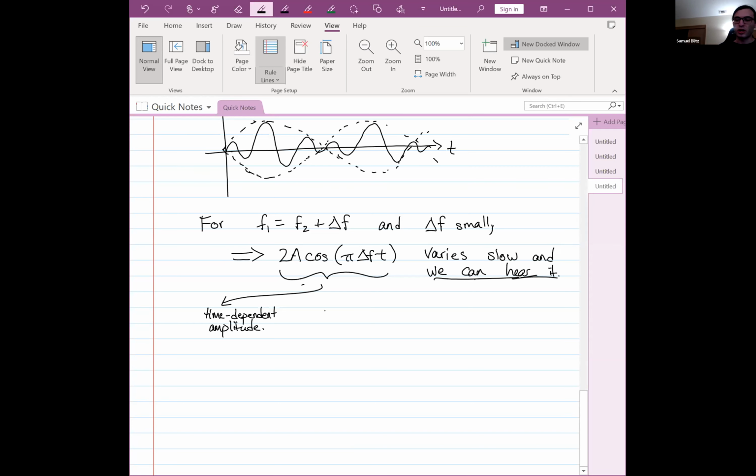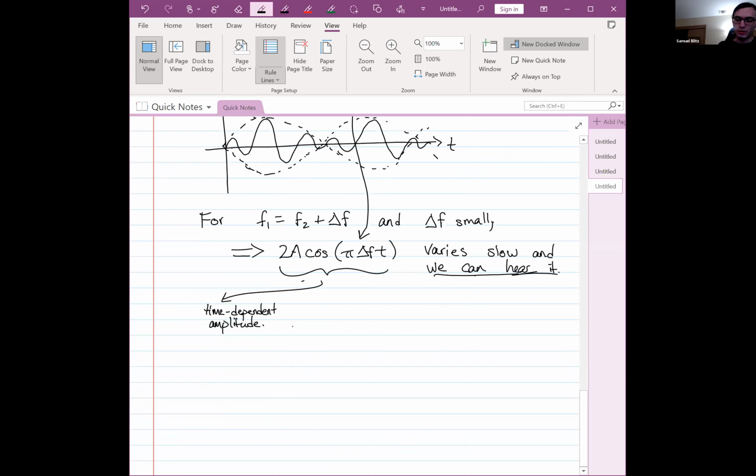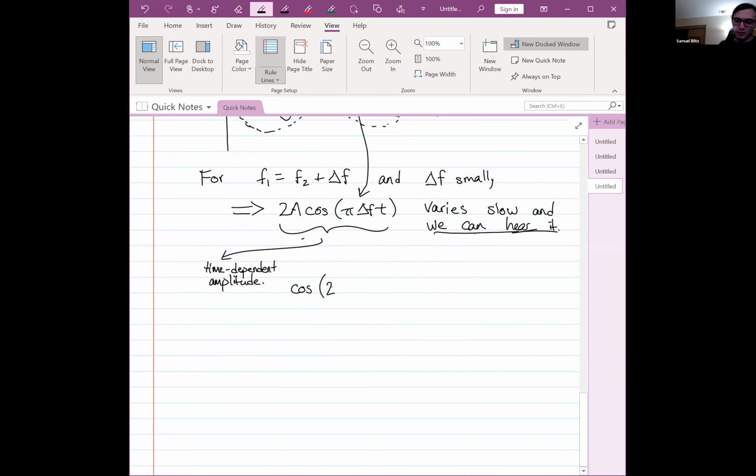And the alternate term, so that's that first term here. Just draw that arrow. The second term, cosine of 2 pi times (f1 plus f2) over 2 times t. This is just a tone that we hear, which has a frequency that's the average of the frequencies.